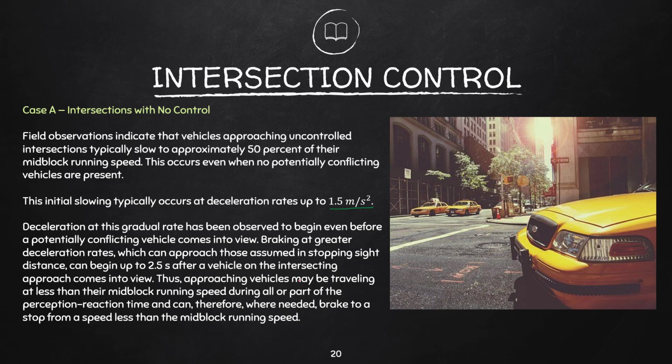Thus, approaching vehicles may be traveling at less than their mid-block running speed during all or part of the perception reaction time and can therefore, where needed, brake to a stop from a speed less than the mid-block running speed.